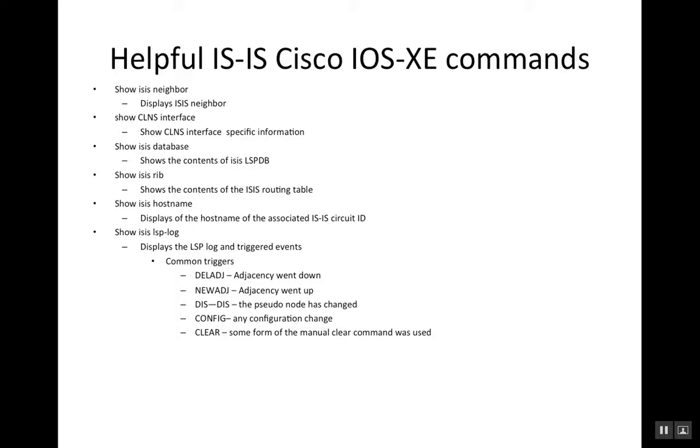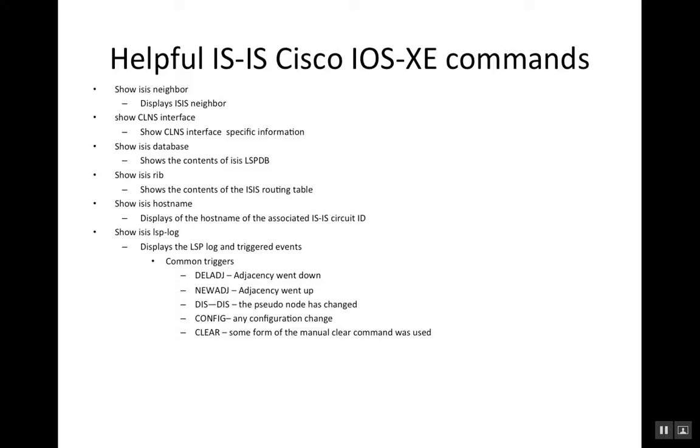You have del adjacency, which means the adjacency went down; new adjacency, which means your adjacency went up; DIS, which means the pseudo node has changed, or your designated intermediate system has changed; config, which means something in the configuration has changed that caused the LSP or the link state database to reconverge; and then clear, which means some form of the manual clear command was used.